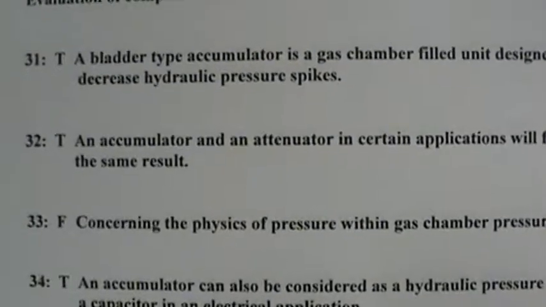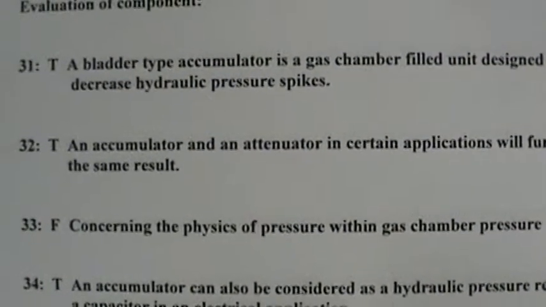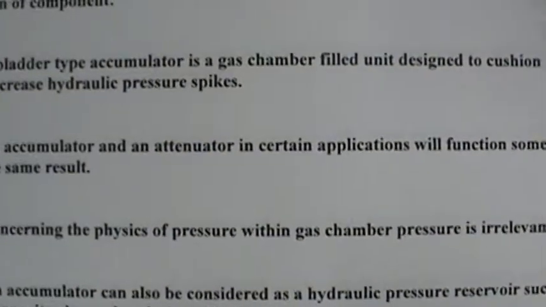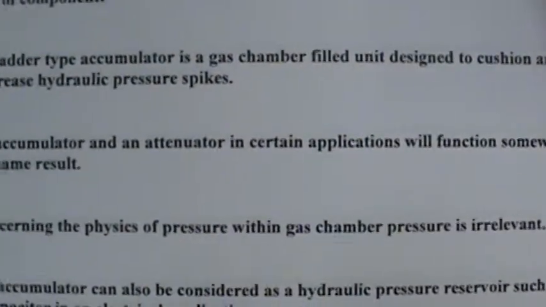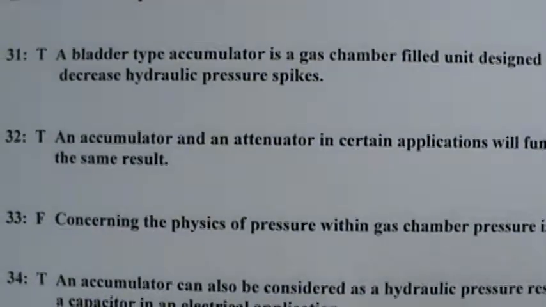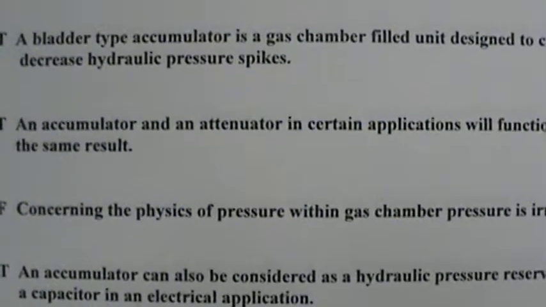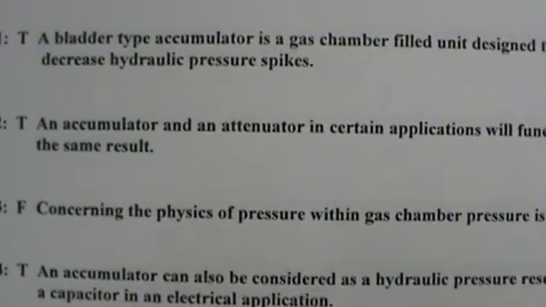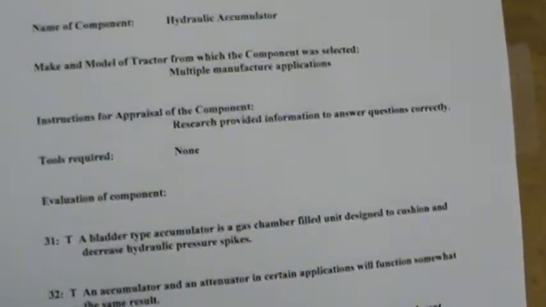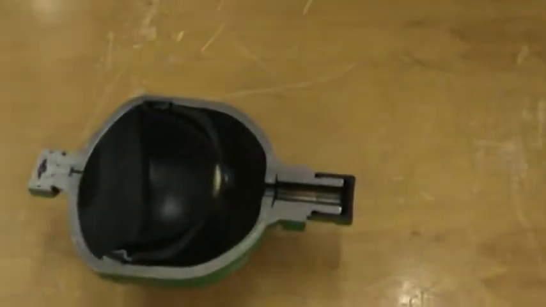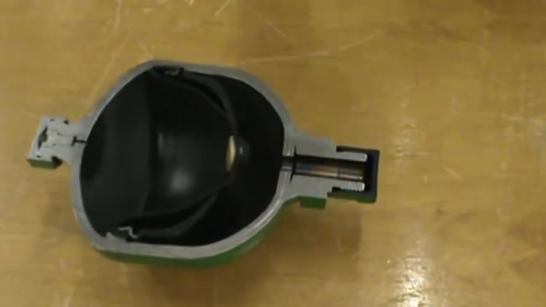Next, an accumulator and an attenuator in certain applications will function somewhat the same result. That's true. You can have an accumulator and an attenuator, which is essentially a hydraulic muffler. An attenuator is a can.